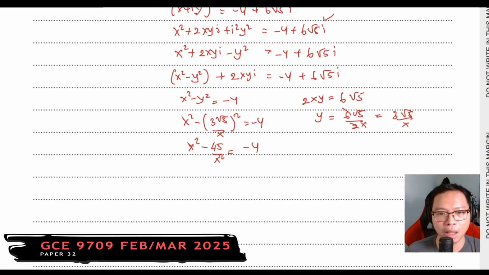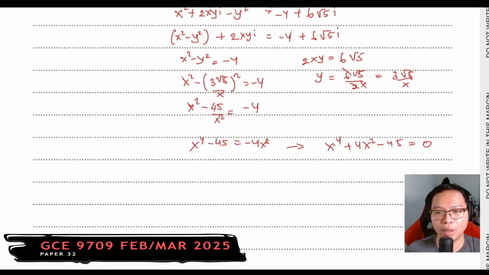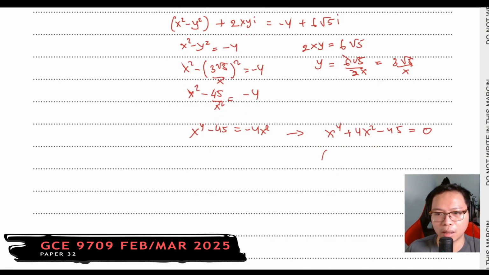Next we multiply everything by x squared, so I get x to the power of 4 minus 45 equals negative 4x squared, or x to the fourth plus 4x squared minus 45 equals 0. So we have two factors, x squared plus 9 and x squared minus 5 equals 0.